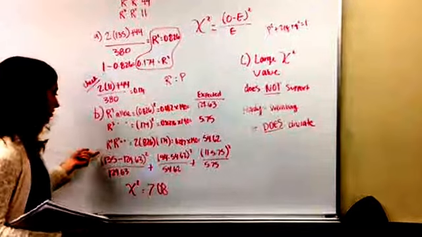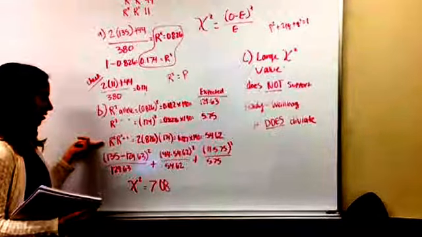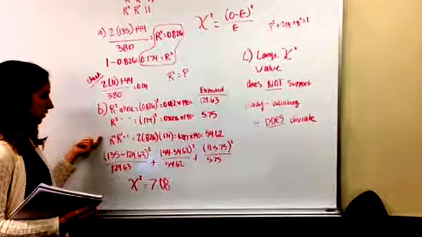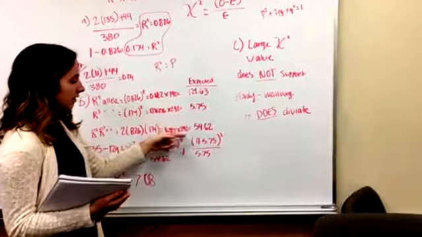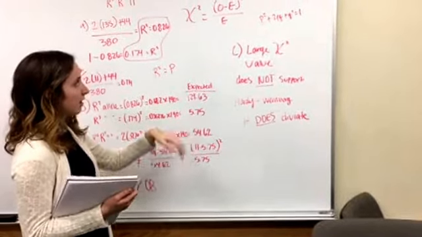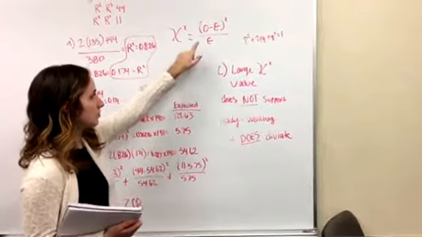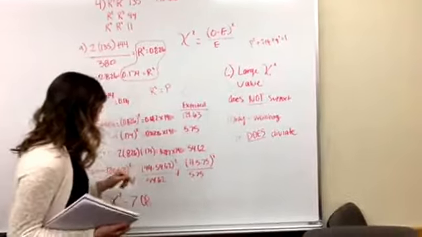And then you have to do the heterozygote, which is the R2R3, and in the equation that would be the 2PQ. You plug in those individual alleles and multiply by the population, and these are the expected values you get. For the chi-squared equation, it's going to be observed minus expected, squared, over expected. I plugged those in.